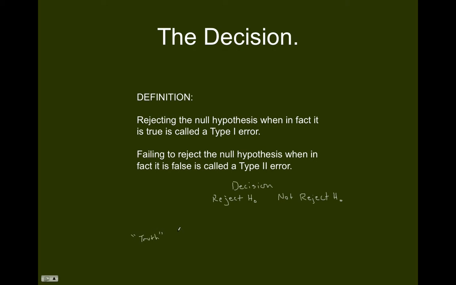Because if we were to look at the whole population, then we would know whether H naught is true or whether H naught is false. So if I could look at the entire population, I would know the truth. But since I can't do that, I'm doing statistics, I have to live with this possibility of making a mistake.